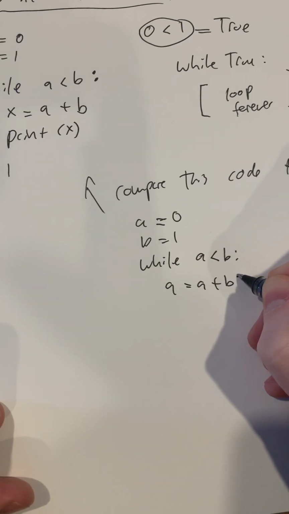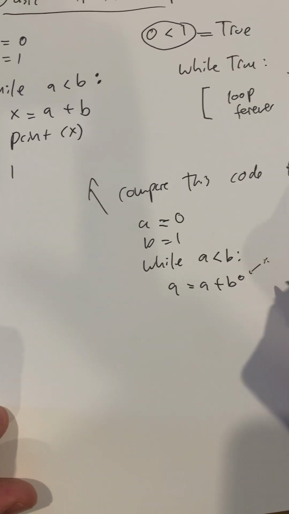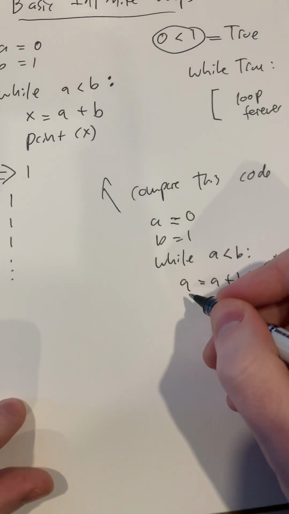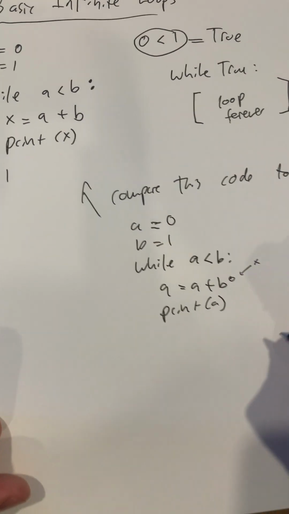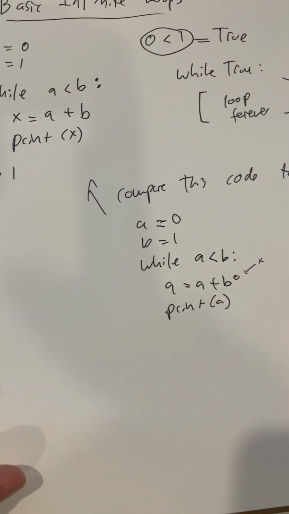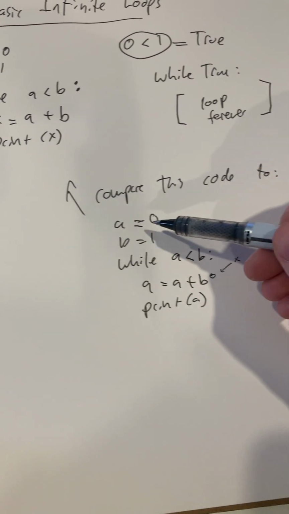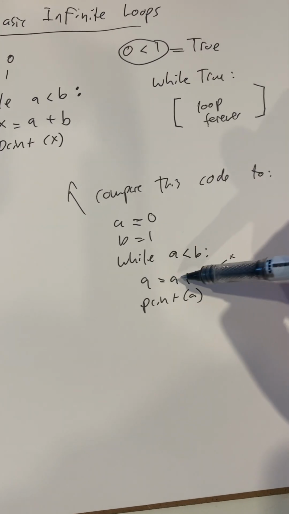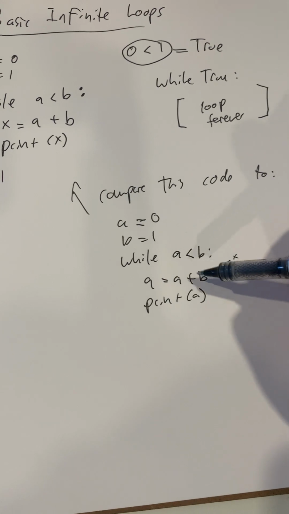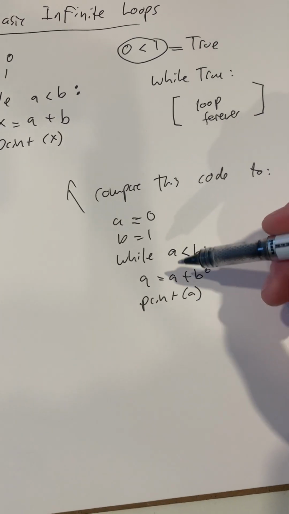Right? Sorry, this is not a thing. And then print a. This code, if you run it: a is equal to 0, b is equal to 1, a is less than b, correct. A is equal to a plus b, correct. So you're going to run this code.